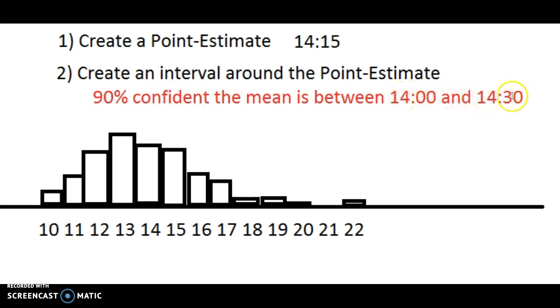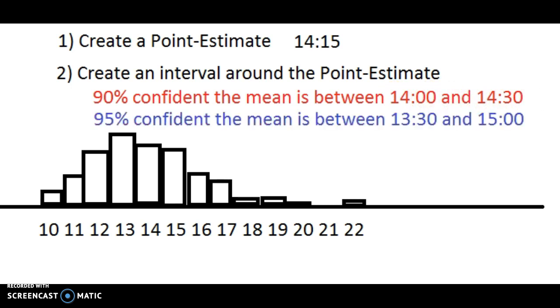So notice this interval is centered around my point estimate. That's right smack in the middle of my interval. And by giving me a range here now, I'm pretty confident that if I averaged all my commute times, it's somewhere in between that interval.